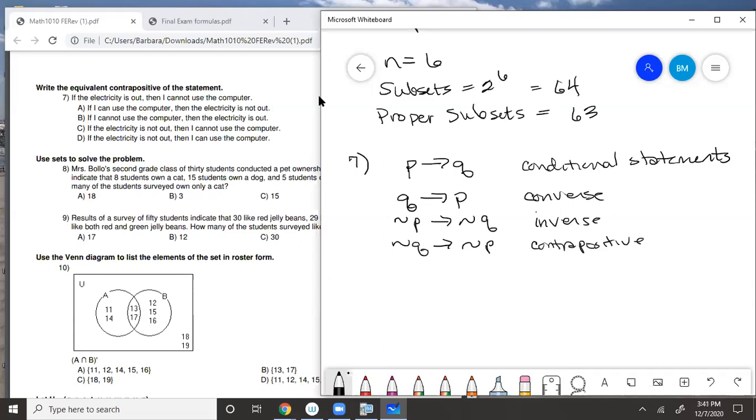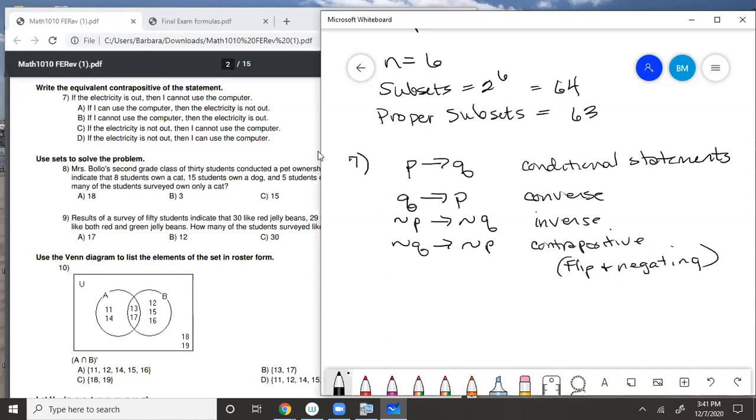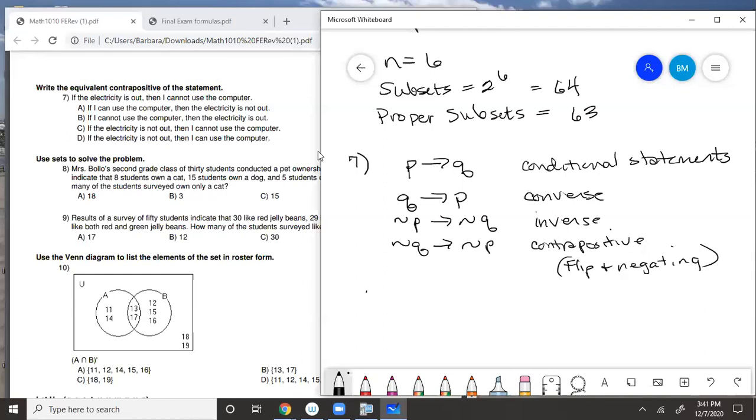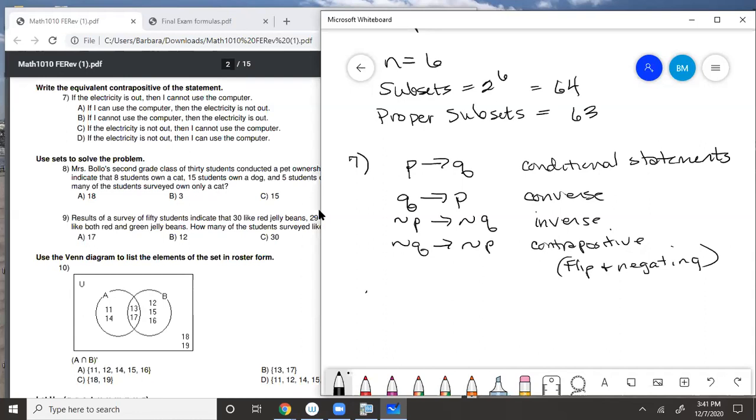Okay. So what we're doing with the contrapositive is we're flipping and negating. So we're flipping the P and Q and negating both. So that's what we need to do here. All right. So let P be the electricity is out, and Q is I cannot use the computer.